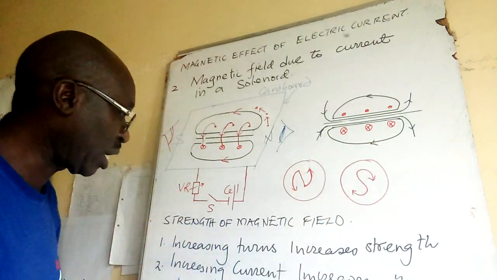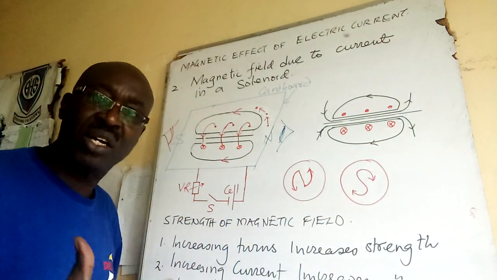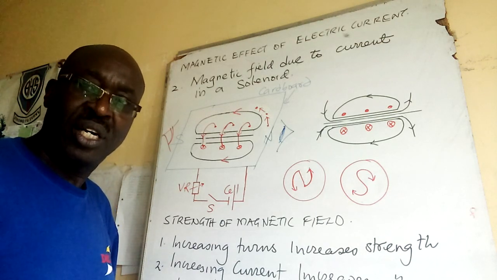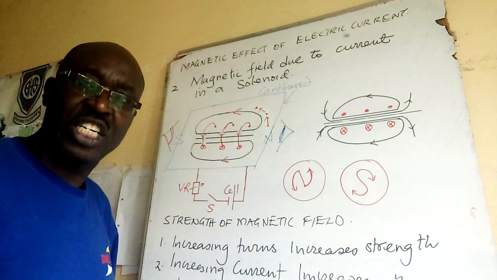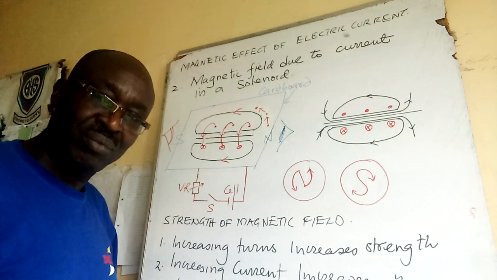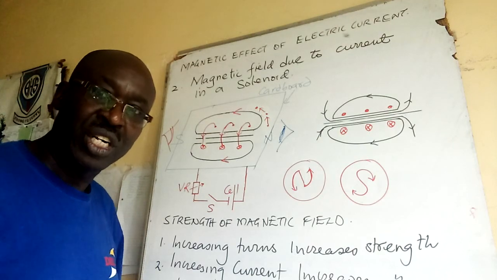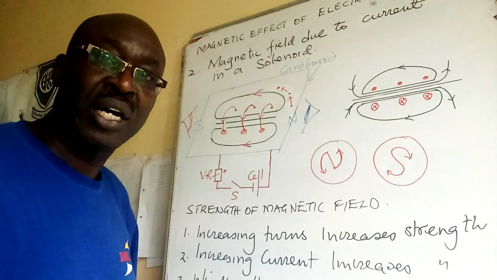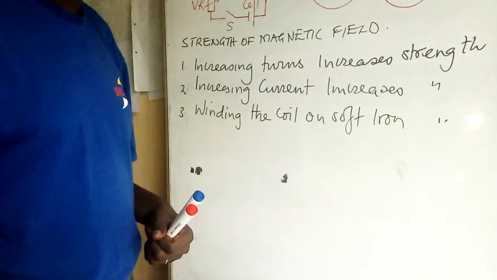In conclusion, how can we change the strength of the magnetic field? Can we concentrate down here a bit? I've put my camera down here.